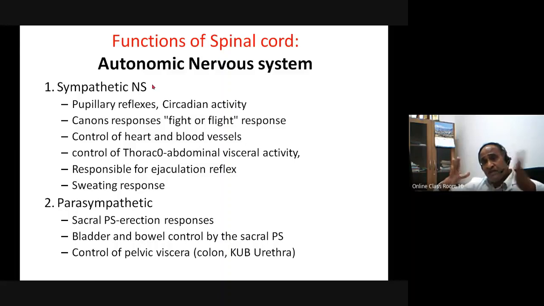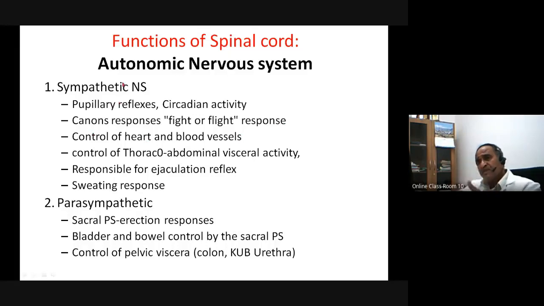Maybe the pupillary reflexes: whatever the sympathetic supply, there is a dilatation of the pupil because of the adrenergic activity. So starting from the pupillary reflexes, the circadian activity, or Cannon's emergency response, the fight and flight response, which is activating the adrenal medulla, or control of the heart and blood vessels.